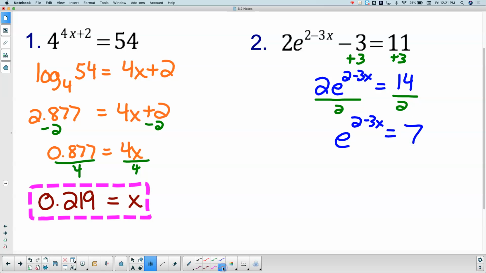Switch forms. Log base e is natural log. So that's why we get natural log there. Add 2. Oops. So then, I lied, subtract 2.